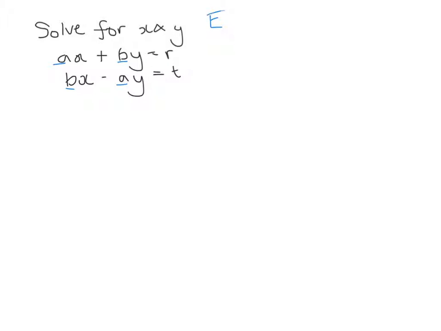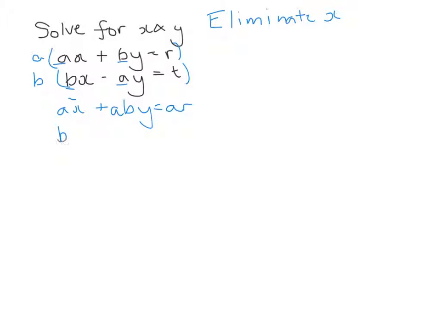So eliminate y, so my expression is all in terms of x. Okay, well, if I multiply the top here by a and the bottom here by b, I'll end up with a squared x plus a y times a r, and b squared x minus b a y equals b t.